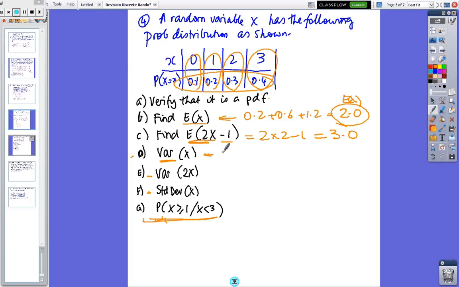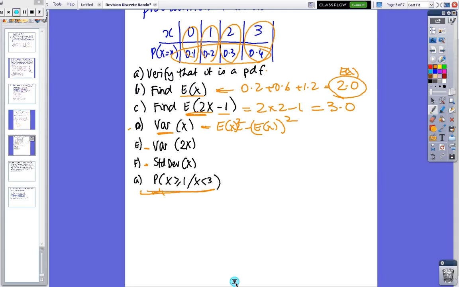Now this next one's a bit harder. Var(X), we've got to do E(X squared) minus E(X) all squared. So this is going to take us a bit of time. We've got to go back and do E(X squared). So 0 squared is 0, 1 squared times 0.2 is 0.2, 2 squared is 4, times 3 is 12, 3 squared is 9, 4 is 36.